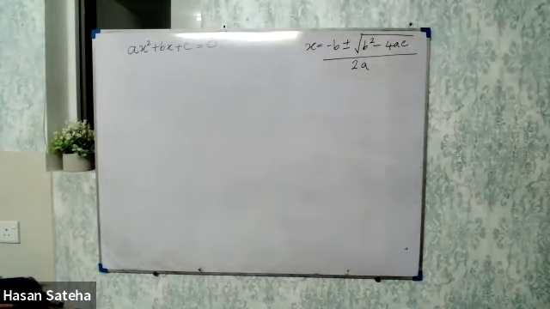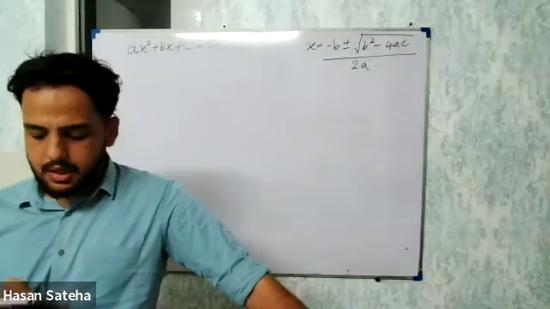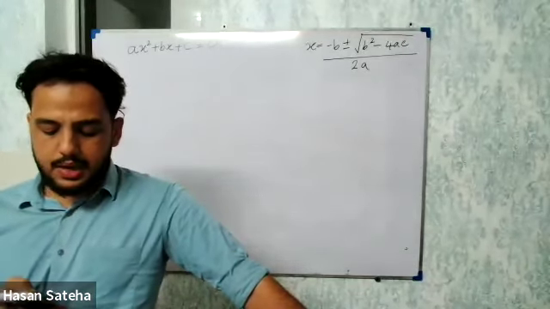Okay, now check. We'll see what the question tells you. A circular lamina of radius r is cut out from a circular lamina of radius 2r plus 3. So you can clearly see there is a bigger circle with a radius of 2r plus 3.